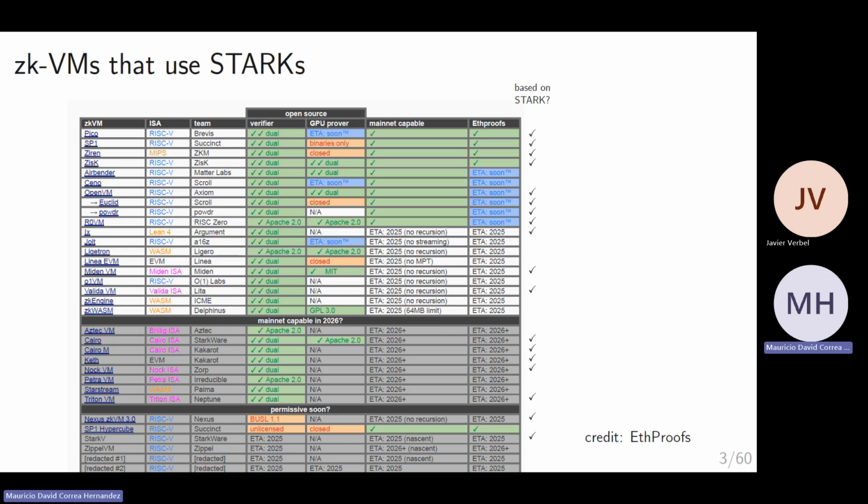And the big takeaway is there are a whole bunch of zkVMs, and most of them are Stark based. And in fact, most of them are hash based, and not all the ones that are hash based are necessarily Stark based.